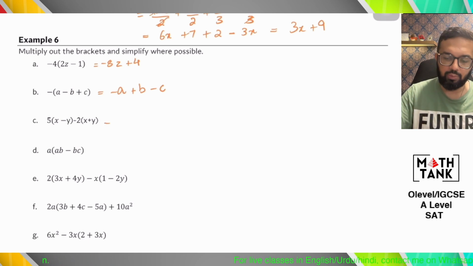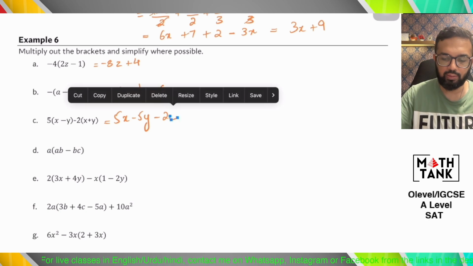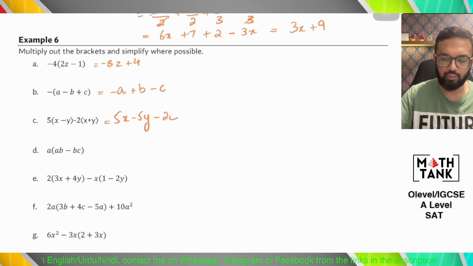Now in this case, you might have terms adding together. So 5x minus 5y minus 2x minus 2y.